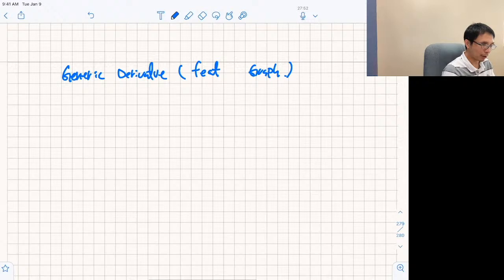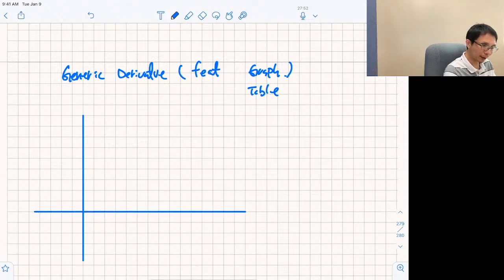So feet graph. What I'm saying is generic derivative. They can be a graph. They could be a table. Today you're going to have a table, or just a chart of values. Charts and tables are the same thing. So what is a generic derivative? Sometimes I will have a graph here, and there are particular things I'm looking for.